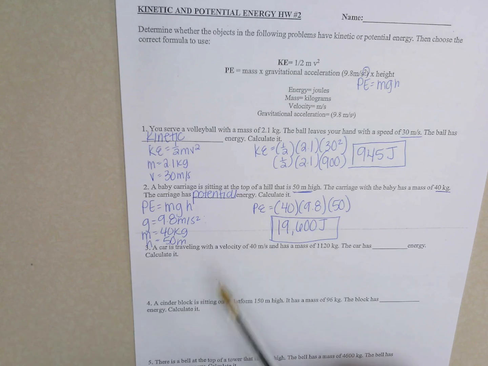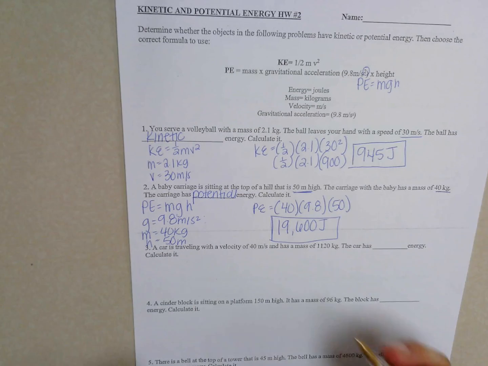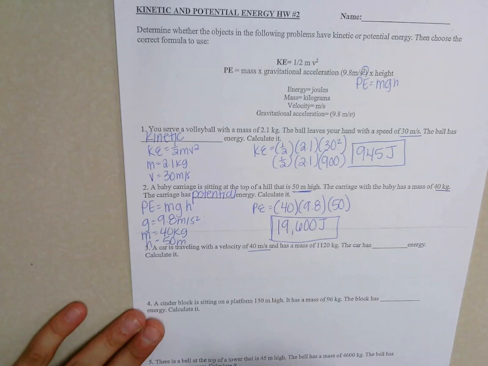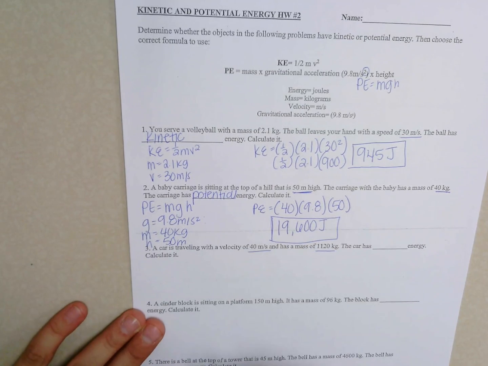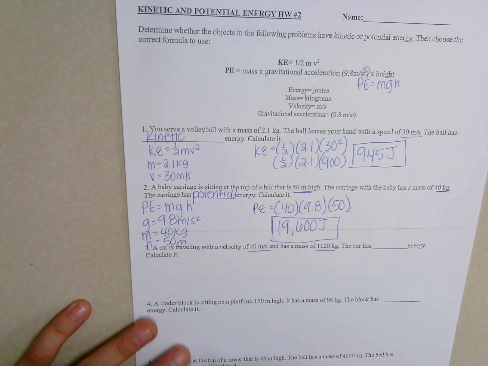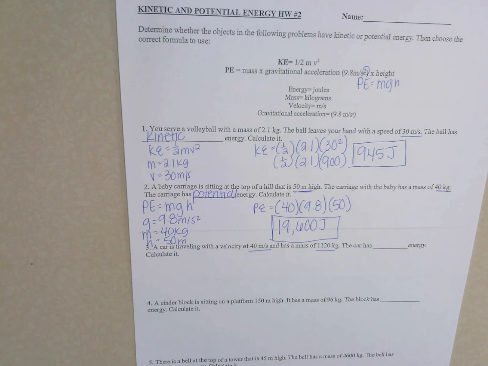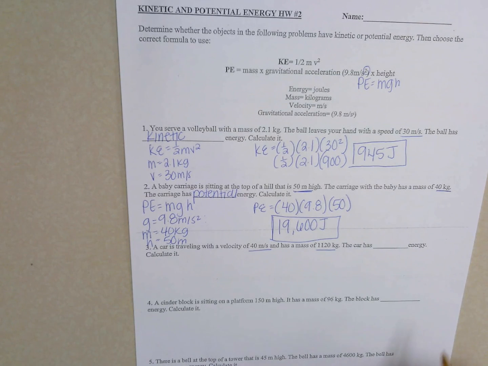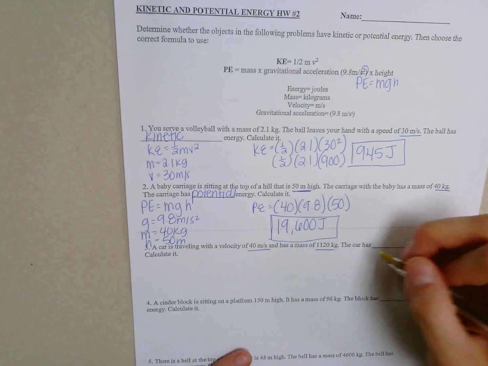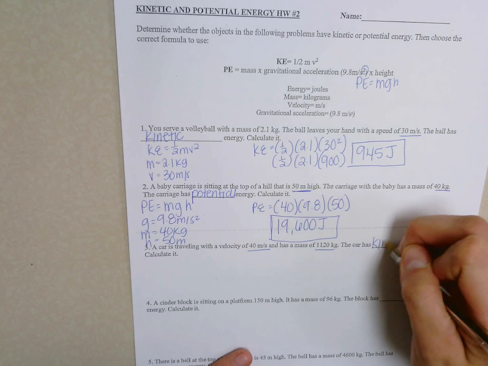So let's try this one. A car is traveling with a velocity of 40 meters per second and has a mass of 1,120 kilograms. The car has what energy? Well, if the car is traveling with a velocity, there's a speed associated, and that integrates that we have moving energy. So we have kinetic energy.